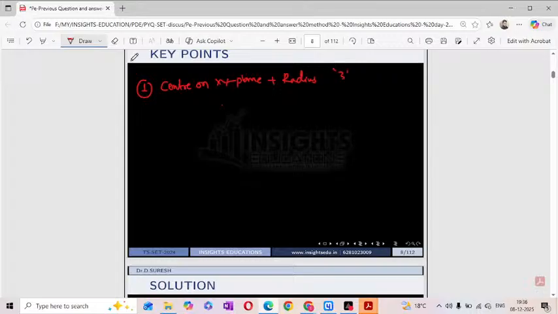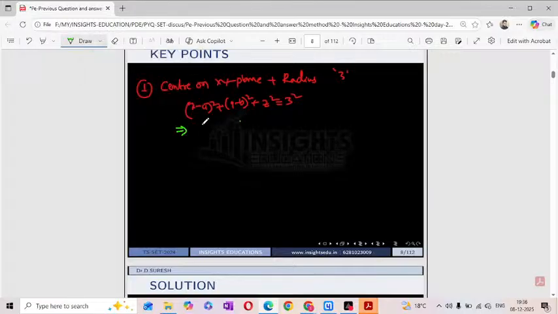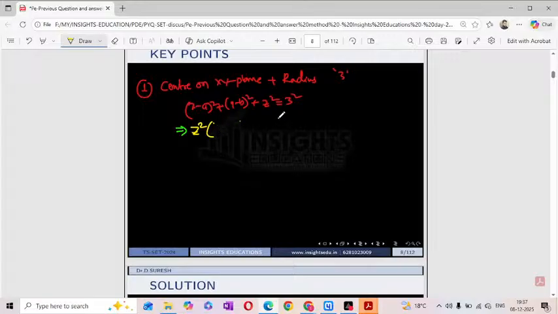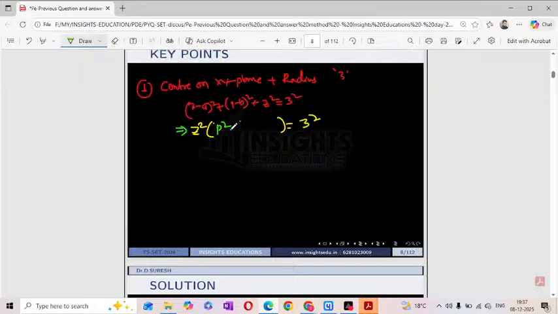Then what is our equation? The equation is x minus a whole square plus y minus b whole square plus z square is equal to 3 square. But now we want the differential equation directly, very simple. So z square times something is equal to 3 square. So here you just have to write p square plus q square plus 1 only.